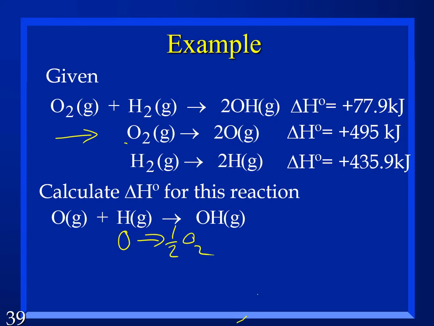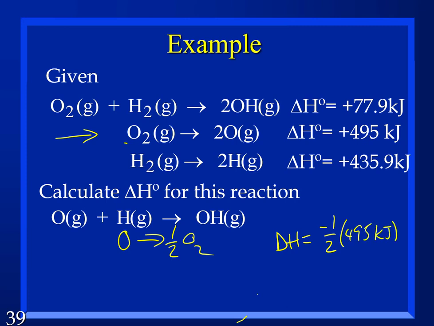And the delta H for this, I turned it around and I multiplied it by half, right? So that would be the negative 1/2 times the 495 kilojoules.